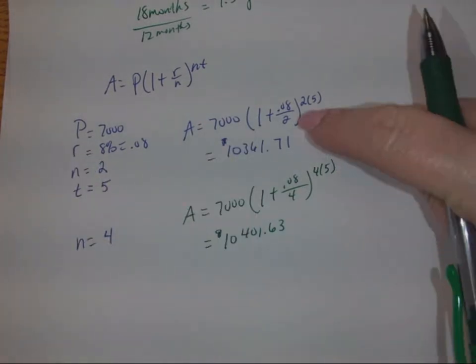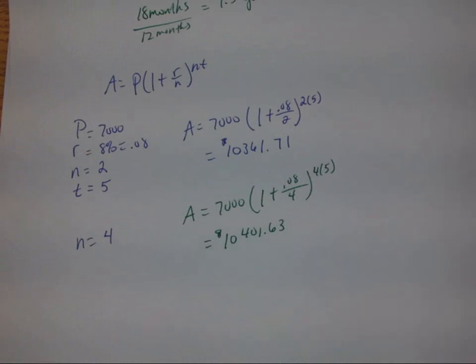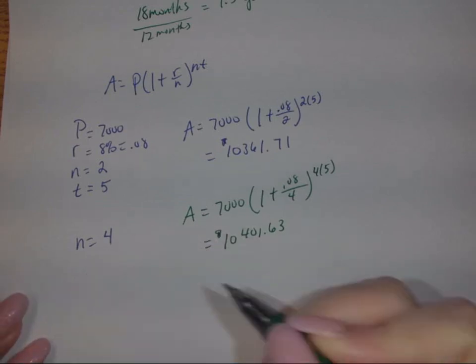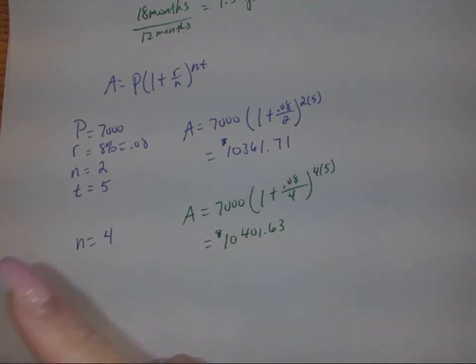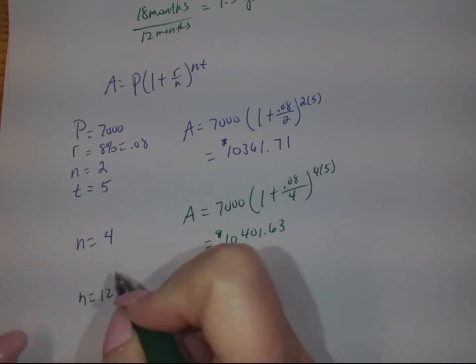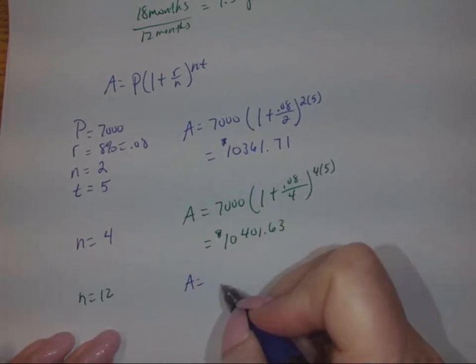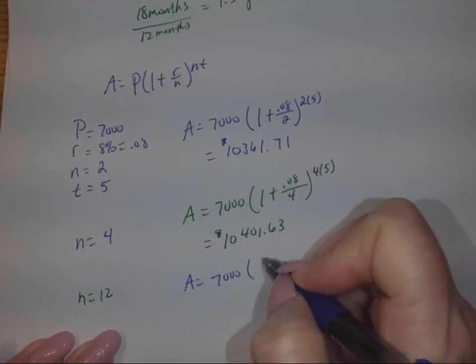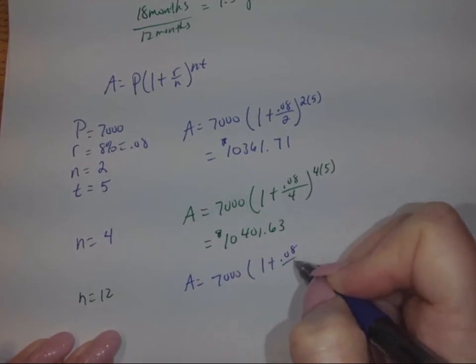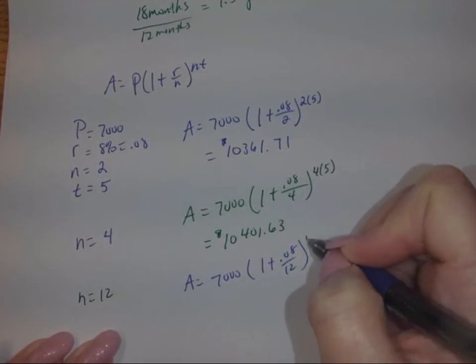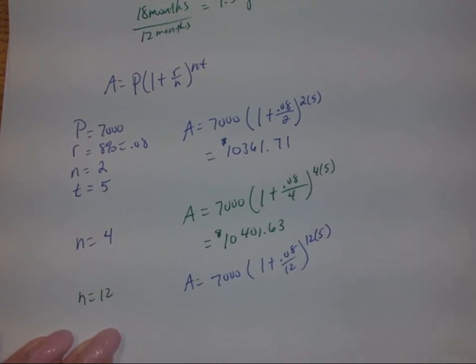The reason is the more compounding periods, usually the more money you're going to make if everything else is the same. And on the last part, if we're looking at monthly, our N would be equal to 12. So A is equal to 7,000 times 1 plus 0.08 divided by 12 raised to the 12 times 5.